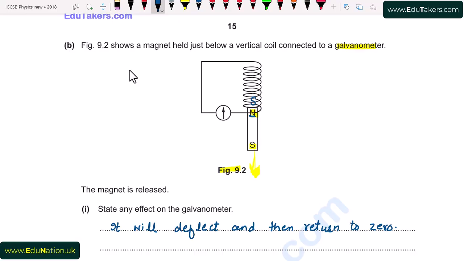So the coil will try to oppose its motion so that this face becomes a south pole, in such a way that north and south poles attract each other. So this coil produces a magnetic field to oppose the motion of the magnet.